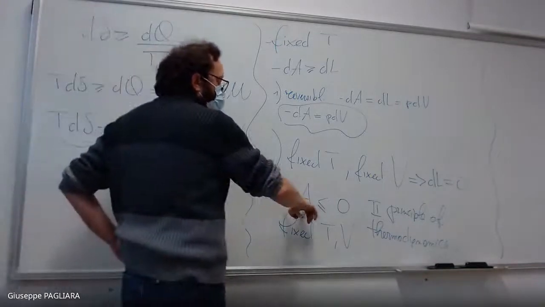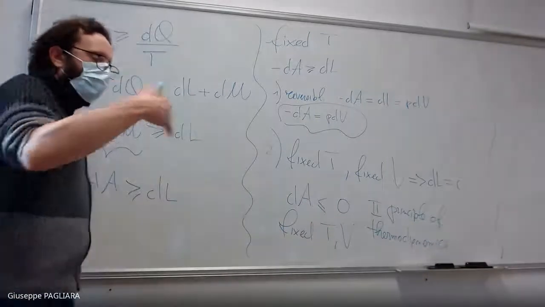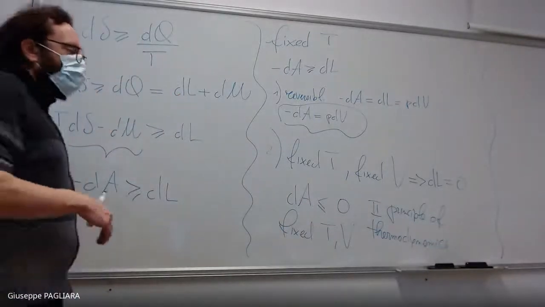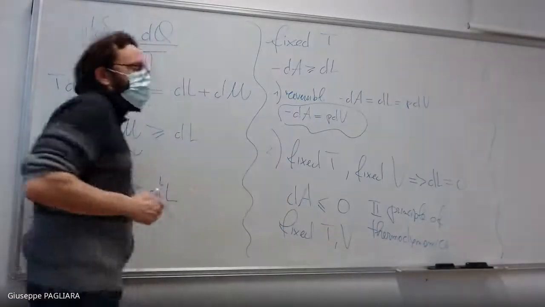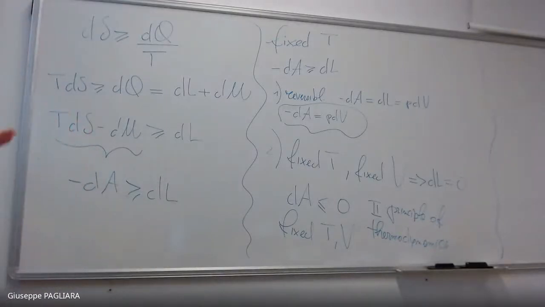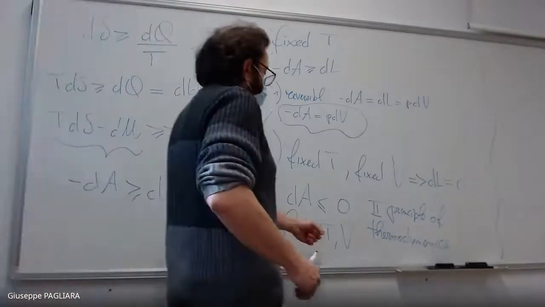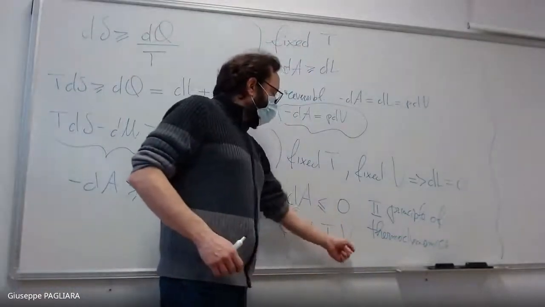In particular, a system in these conditions will evolve in time so as to decrease its Helmholtz free energy. So this is again the second principle of thermodynamics, but in another setup, which is more realistic.